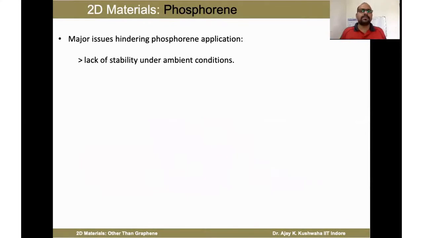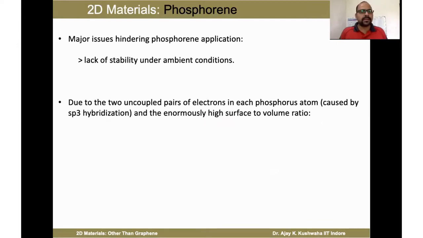The major problem with phosphorene, if you are trying to use it in any device application, is the stability under ambient conditions. Phosphorene is not very stable, it is highly reactive because it has an unpaired electron. Because of the sp3 hybridization, one electron on the top and bottom is unsaturated, unpaired, and this has a very high tendency to interact with any other species, molecules, ions.